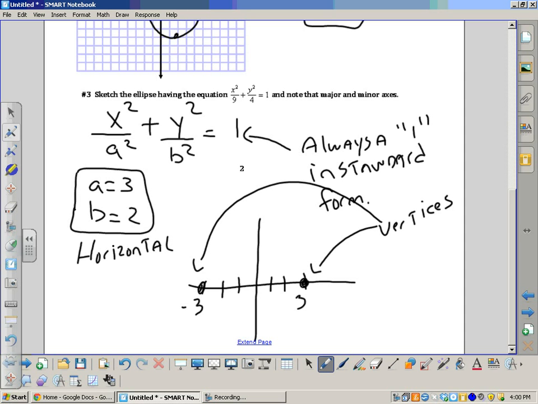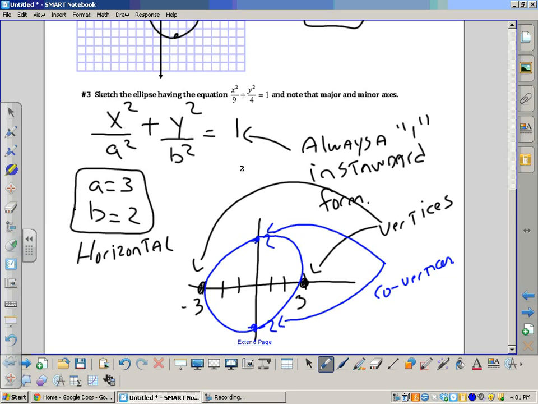And then your notes mention covertices. Covertices are going to be the b points, so 2 and negative 2. I know this is not the best looking graph, but those are the covertices, and we're just going to draw something that resembles an oval.